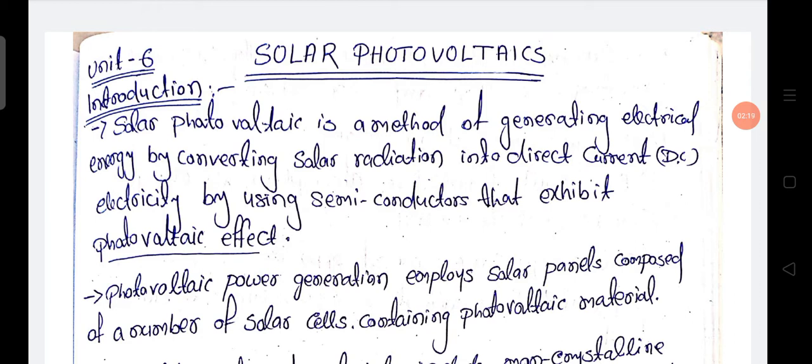By using those charge carriers, we get our DC current. So that effect is called the photovoltaic effect. The semiconductors that have that effect are used in the solar photovoltaic process.